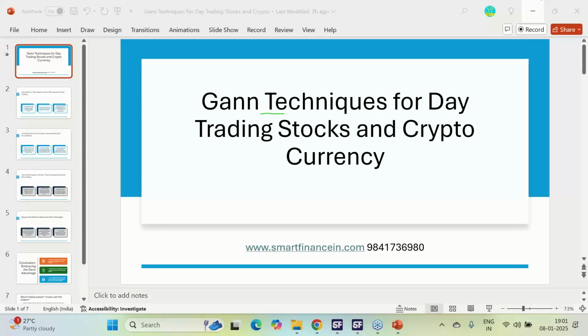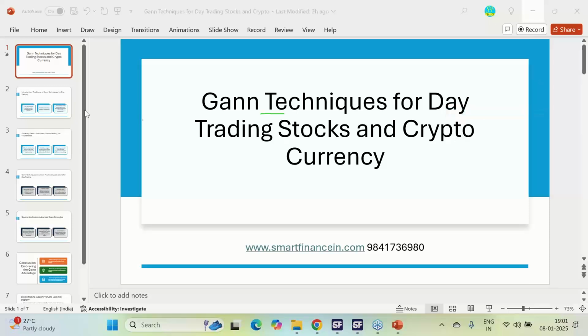For forecasting the trend reversal days and pressure days, there are different techniques. All these are WD Gann's techniques, a different basket of techniques you will get. So today our focus area will be on day trading technique.